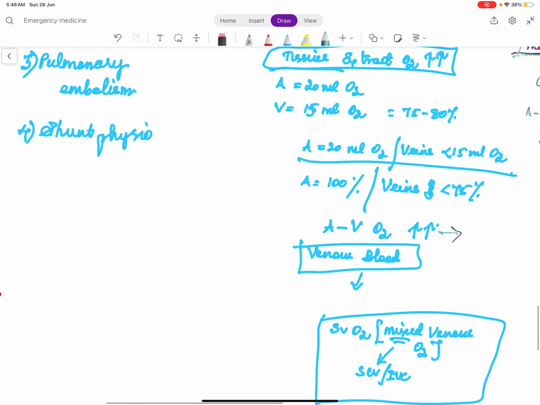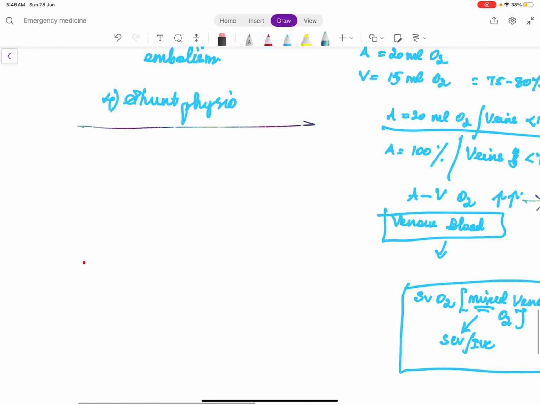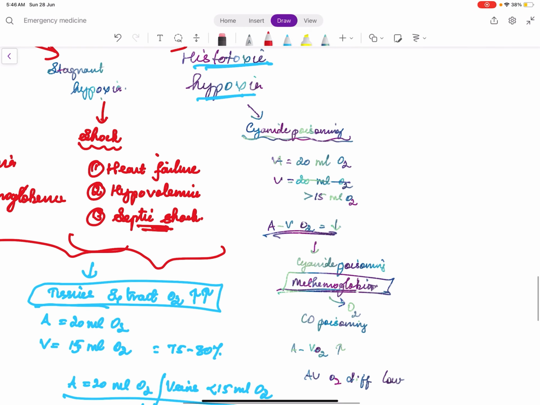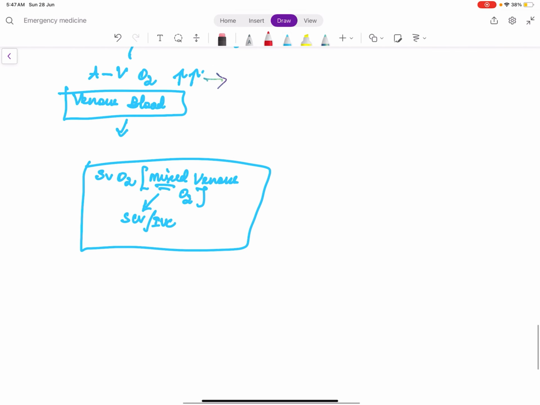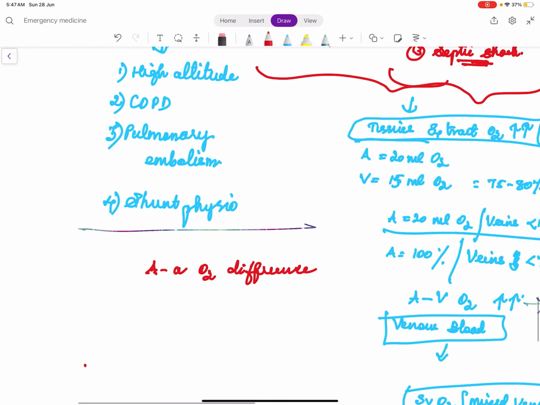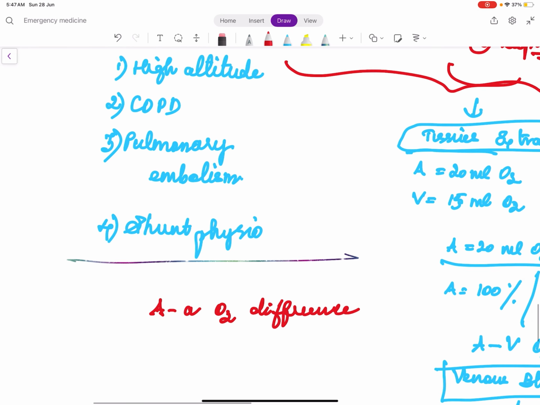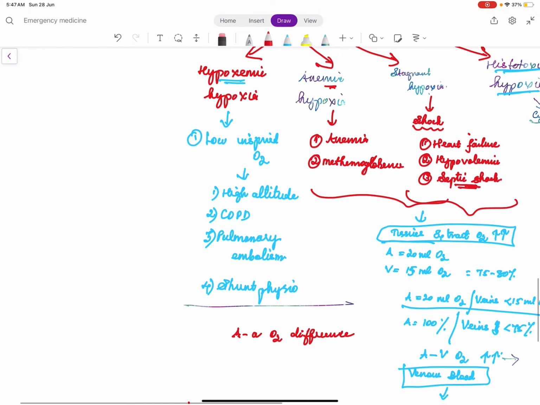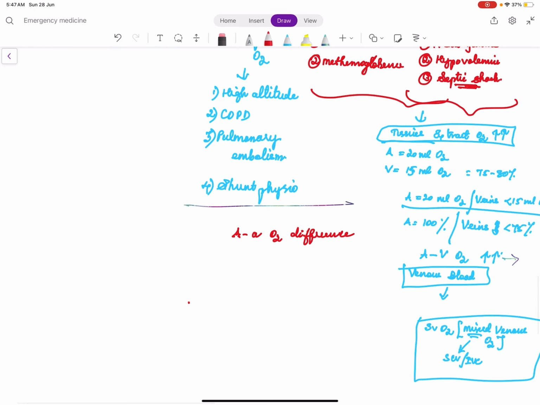Now since we have talked about AV oxygen difference, I will tell you about another parameter, which is the A-a oxygen difference. The AV oxygen difference helps to differentiate between the stagnant causes of hypoxia and histotoxic causes of hypoxia, whereas the A-a oxygen difference helps to differentiate between the different causes of hypoxemic hypoxia. I told you about 4 causes of hypoxemic hypoxia.